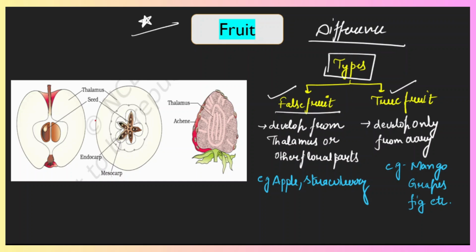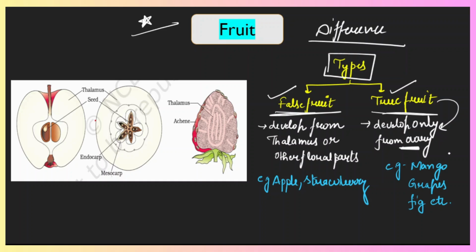First, we will discuss the true fruit. A true fruit is a fruit which develops only from the ovary. We know that the fruit is formed when the ovary matures.